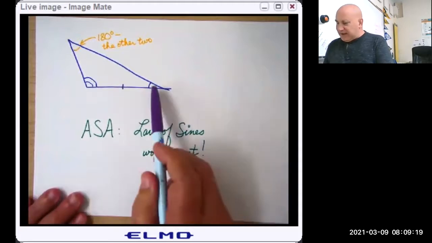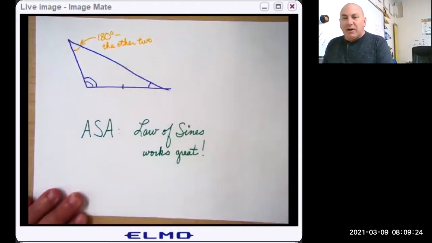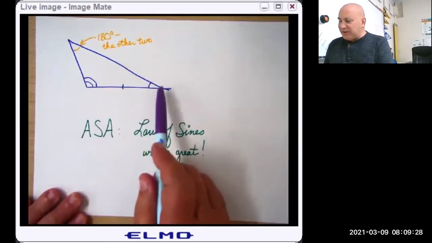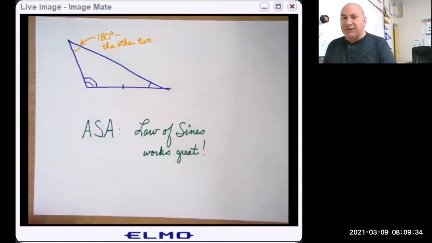Now you say, if you have angle, side, angle, in no case here do I have an angle and the side opposite, except that if I have two angles, I know the third angle. Now I have an angle and the side opposite, so I can solve the triangle. So angle, side, angle works great.